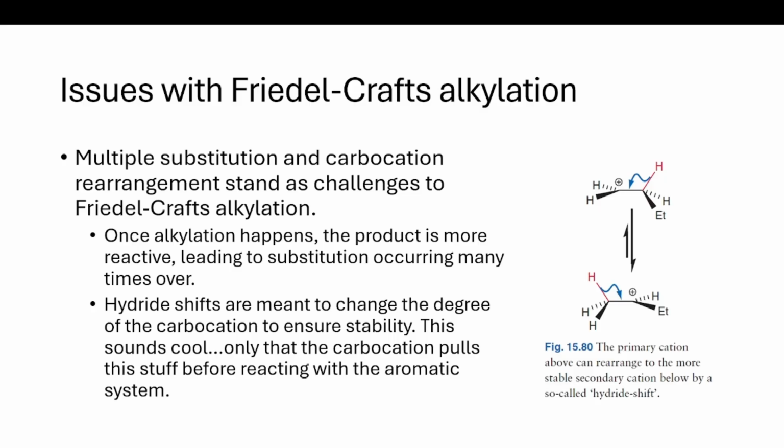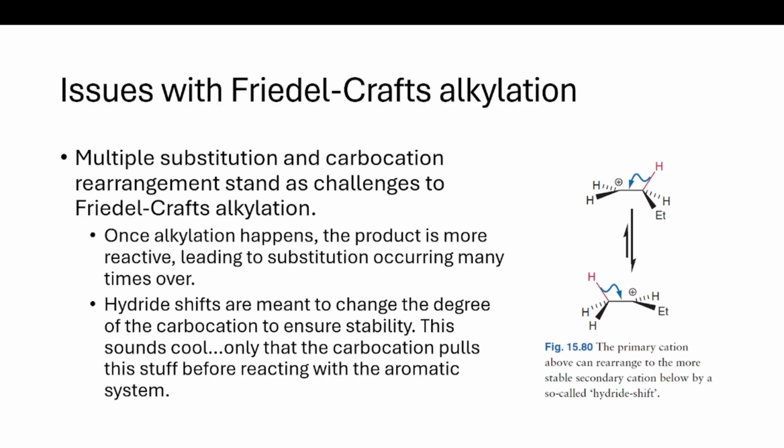However, there are issues with this reaction, and that's because, say for example, alkylation occurs. If you have an aromatic system and it's alkylated, what's going to happen is the product is going to be a lot more reactive, meaning that substitution will occur many times over.